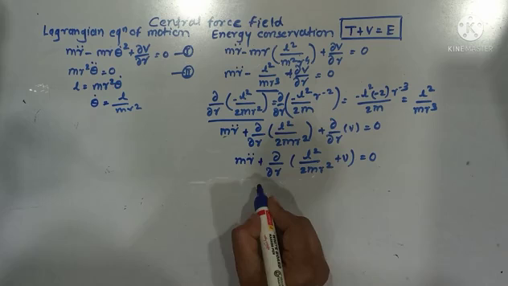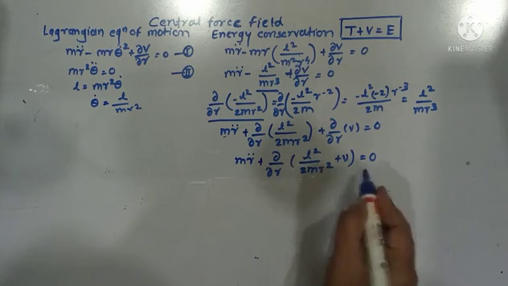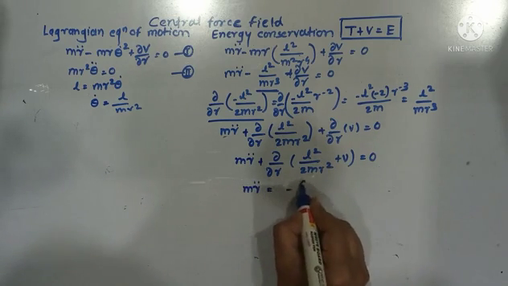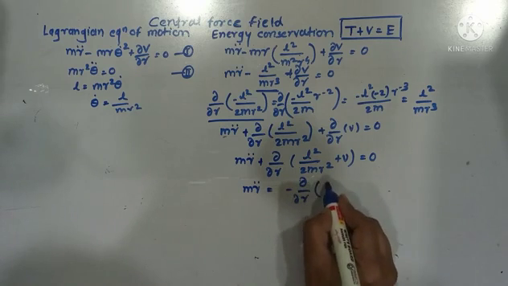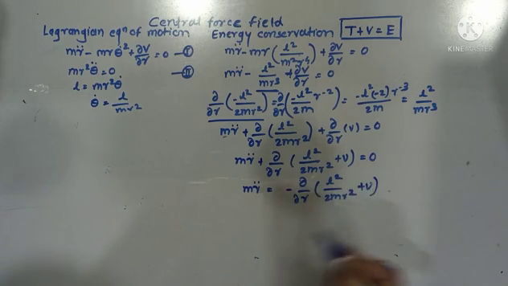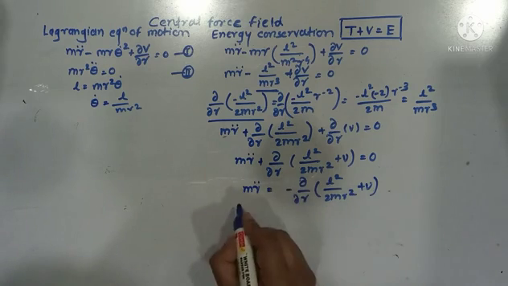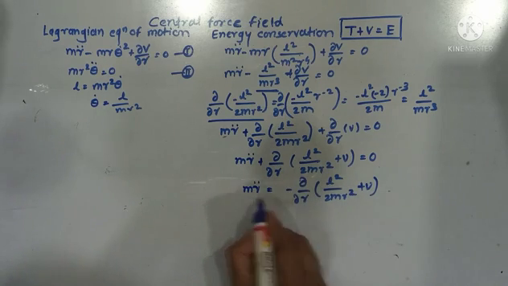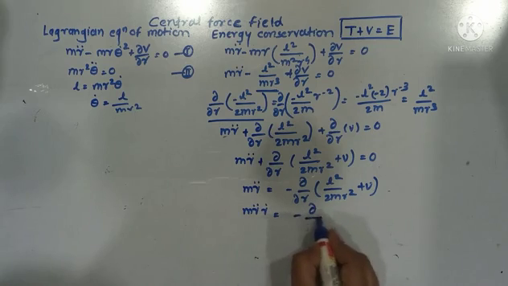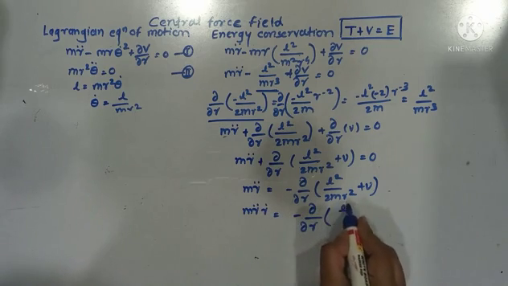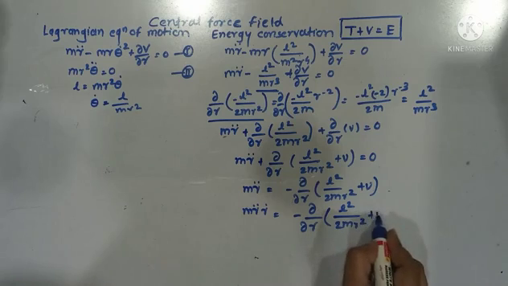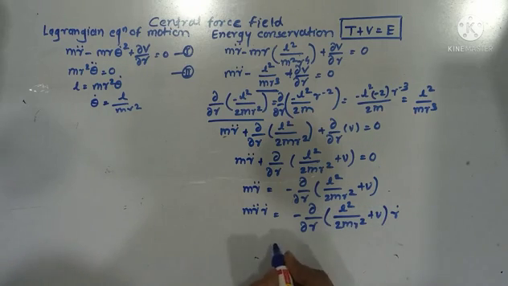If I take this on the right hand side, m r double dot is equal to minus dou by dou r of L square upon 2m r square plus V. If I multiply both the sides by r dot, what I'm going to get is dou by dou r of L square upon 2m r square plus V into r dot.